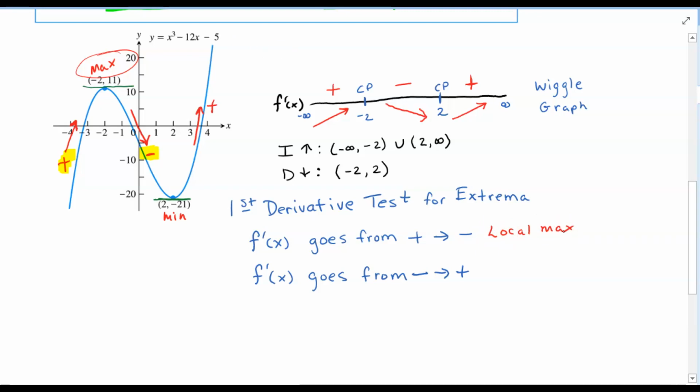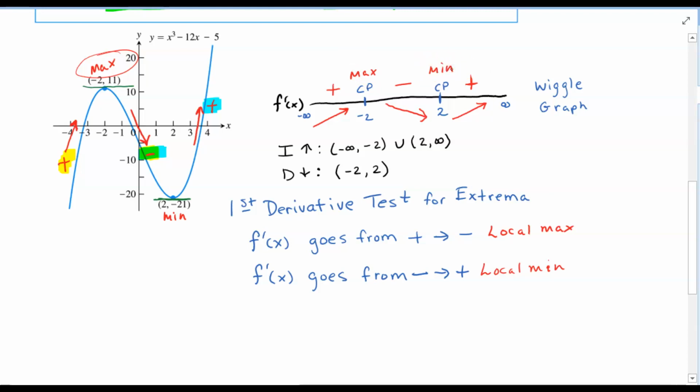And if the derivative goes from negative to positive, so that's this right here, then we have a local minimum. So I'm going to utilize the wiggle graph that I've already written out here to write that if it goes from positive to negative, I have a maximum here, and if it goes from negative to positive, I have a minimum here.